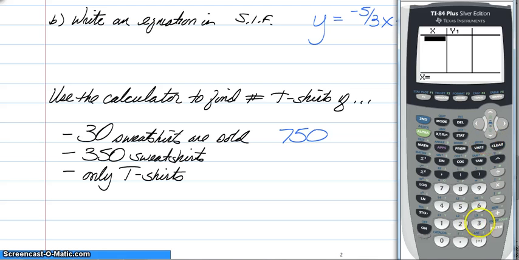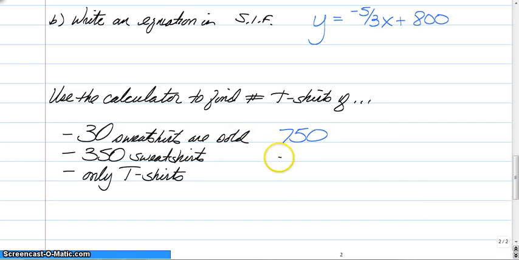So let's pretend you want to sell 350 sweatshirts. You press enter, and it does the math for you. It's going to tell you 216.67. Now again, are you going to go sell just two sleeves of a t-shirt? No, that's kind of funny. So you would actually need to sell 217 t-shirts before you make your $1,200 profit.